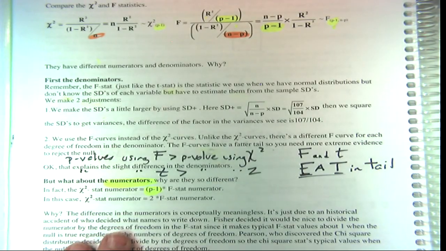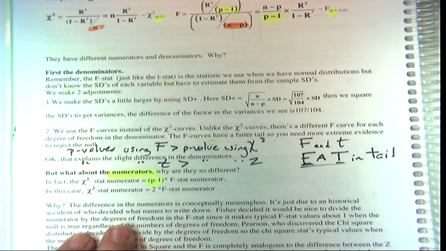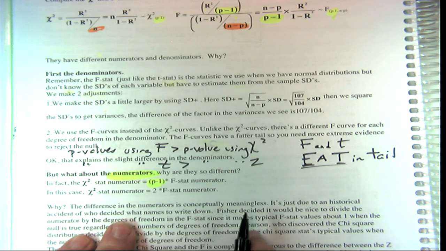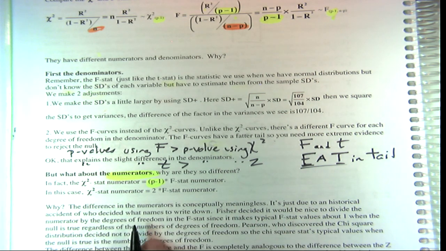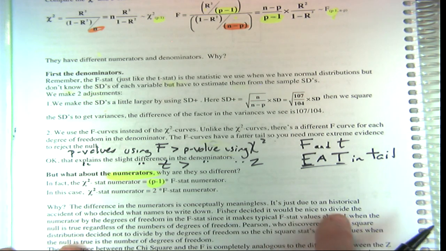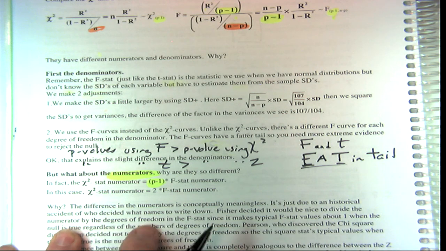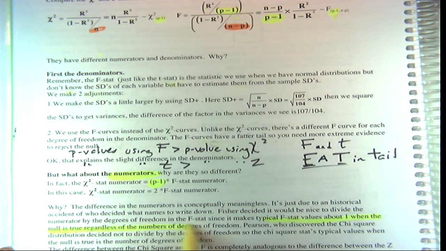So this is just history. This has nothing to do with statistics. The difference in the numerators is conceptually meaningless. It's just a historical accident of who decided what names to write down, really. Fisher, the F is named after a guy named Fisher, that's why it's called F, decided it would be nice to divide by the degrees of freedom in the F-stat, since it makes typical F-stat values about 1 when the null is true, regardless of the degrees of freedom.